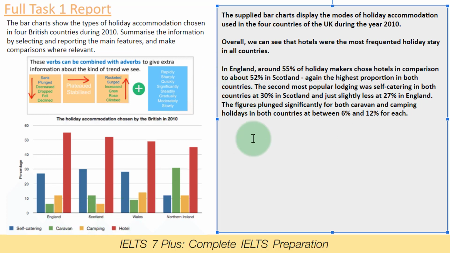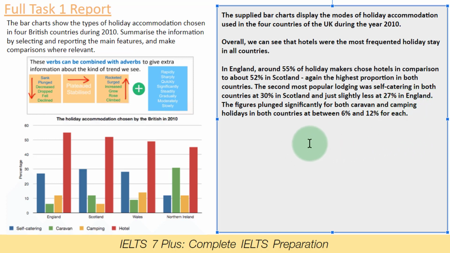Let's have a quick read back. In England, around 55% of holidaymakers chose hotels in comparison to about 52% in Scotland, again the highest proportion in both countries. The second most popular lodging was self-catering in both countries at 30% in Scotland and just slightly less at 27% in England.